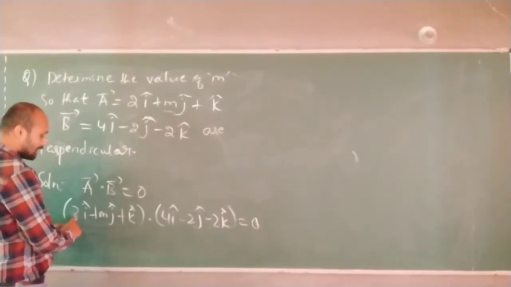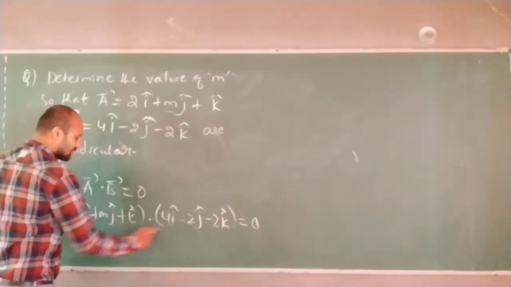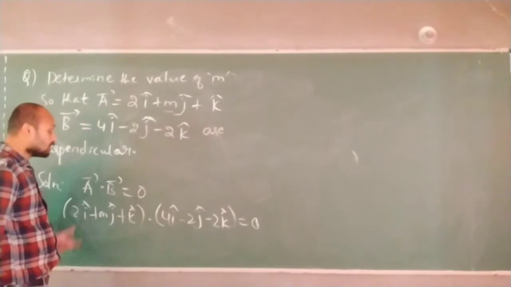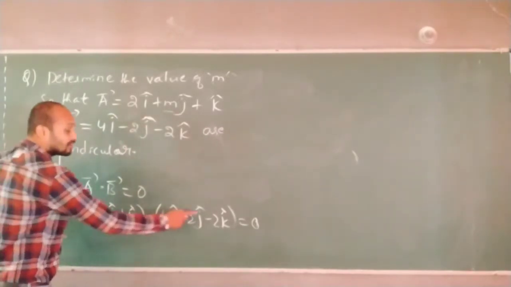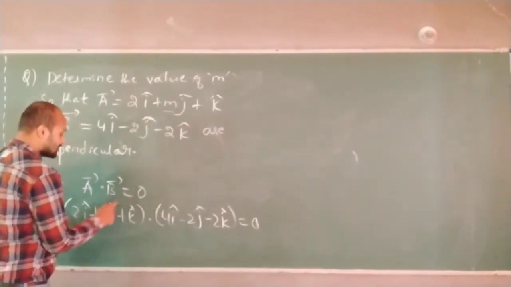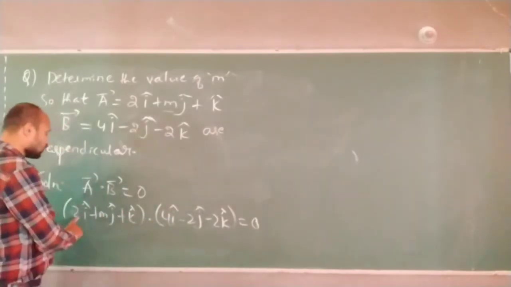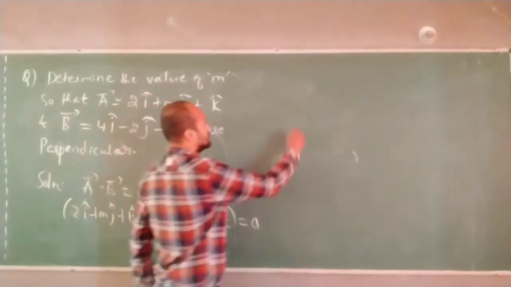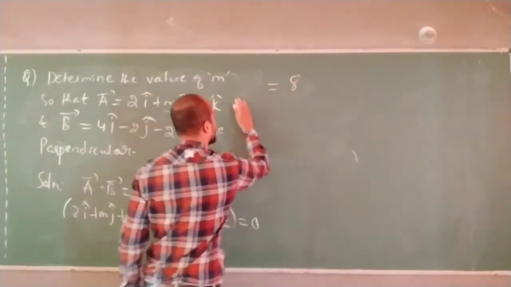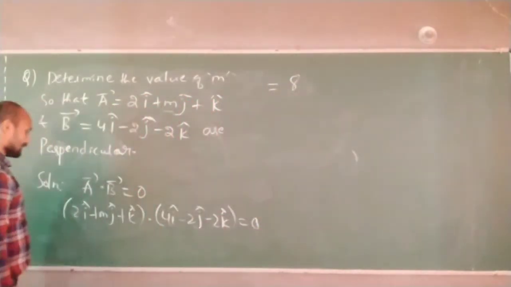So multiply this to this, this to this and this to this. Because j dot i becomes 0. So 2i cap into 4i cap is how much? 8. Correct now?